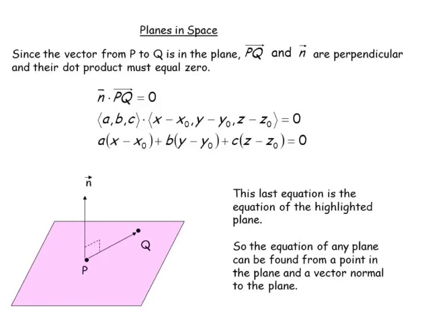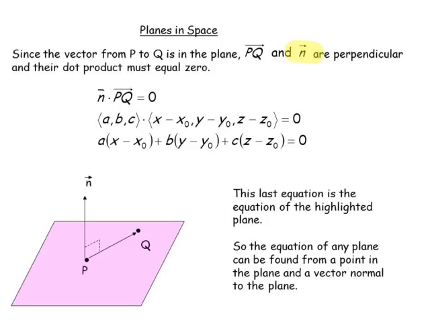Okay, so if vector PQ is in the plane and vector n is perpendicular, or what we call orthogonal when we're talking about vectors, we know that their dot product has to be 0.